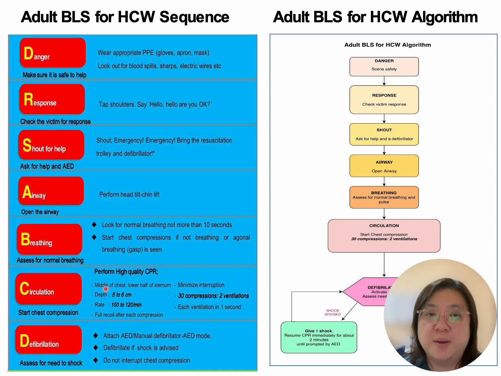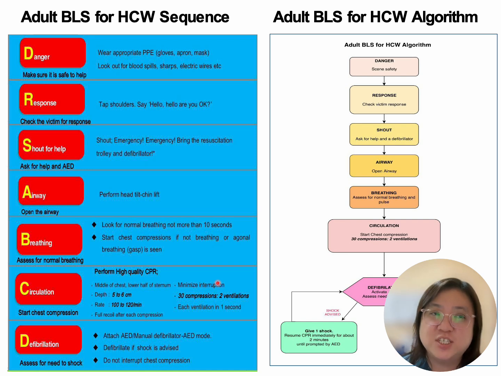Can you remember that? If you can, let's try to recap together. Push hard, how hard is it? Yes, 5 to 6 centimeters. Push fast, how fast is it? 100 to 120 beats per minute.